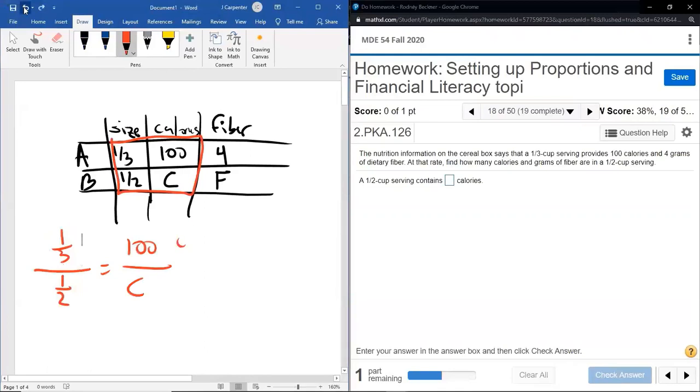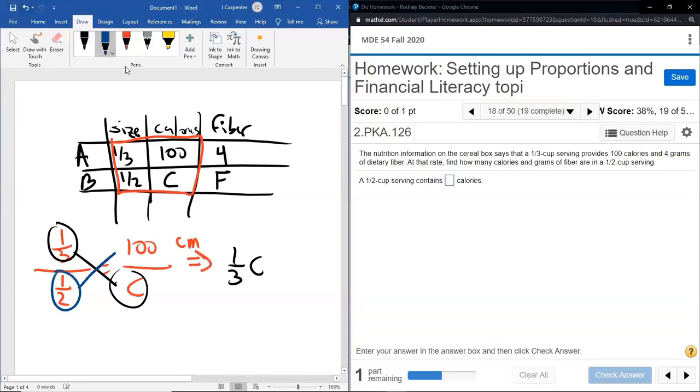So when you cross multiply, CM for cross multiply, this is what you're going to get. You take the 1/3 times the C, so you get 1/3 times C, and then you take the 1/2 times the 100. So you go equals 1/2 times 100.